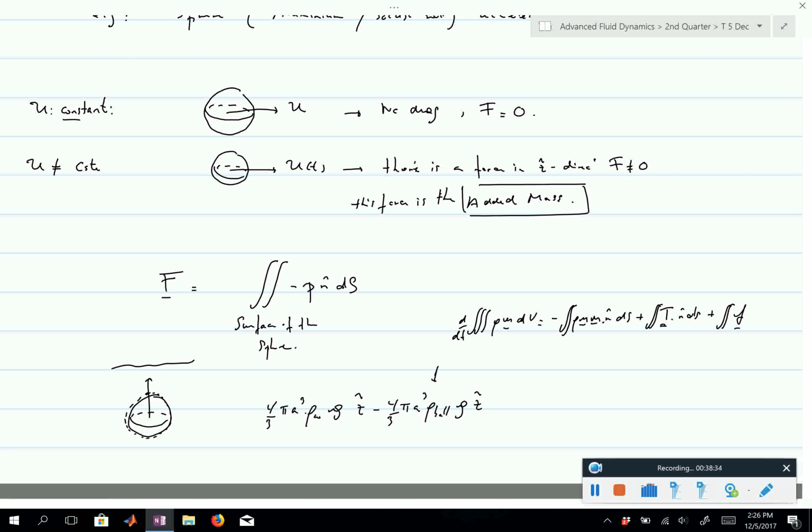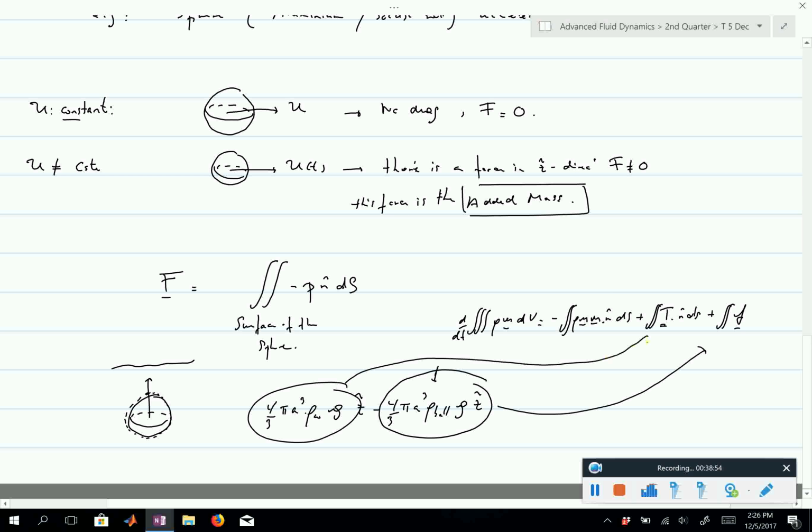Now let me ask you, where is this force in this equation? It's the body force, it's there. Now where is this force? Surface forces. Is that clear to all of you? This is really in there. It's the integral of the hydrostatic pressure.